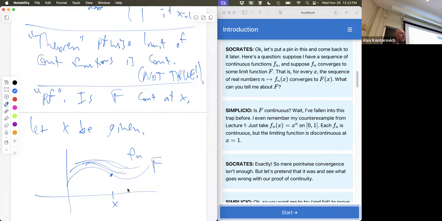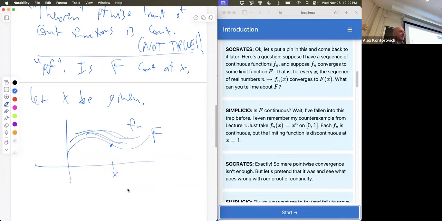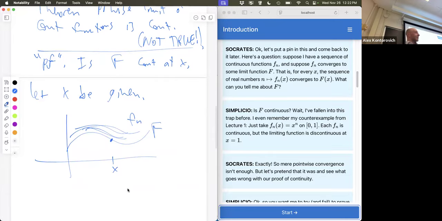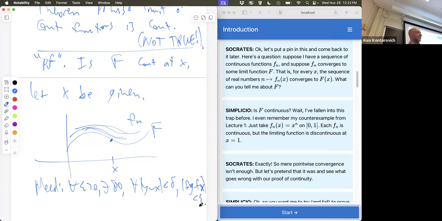What does continuity mean? For all epsilon, we need that for all epsilon, there exists a delta so that for all y, continuity, we don't have to say not equal to x, just for all y with |y - x| less than delta, |F(y) - F(x)| is less than epsilon.